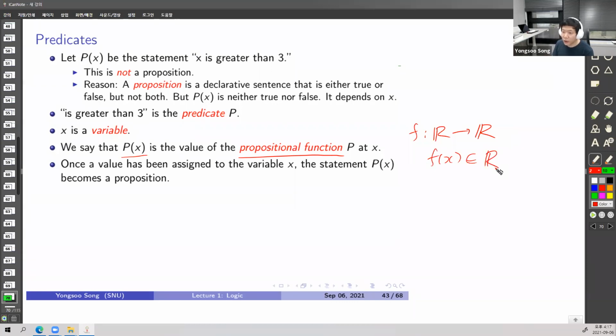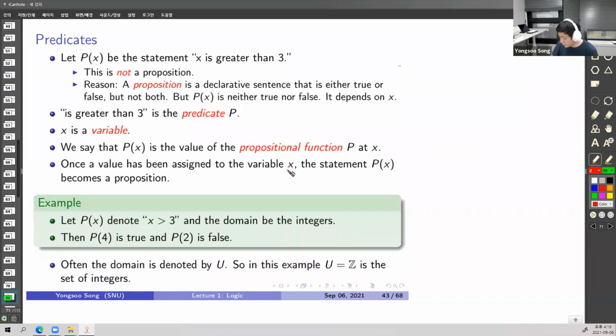So the function returns a real value, but the function is not a real value. A similar notion is applied here. The propositional function is not a proposition, but it becomes a proposition when a specific value is assigned to x.